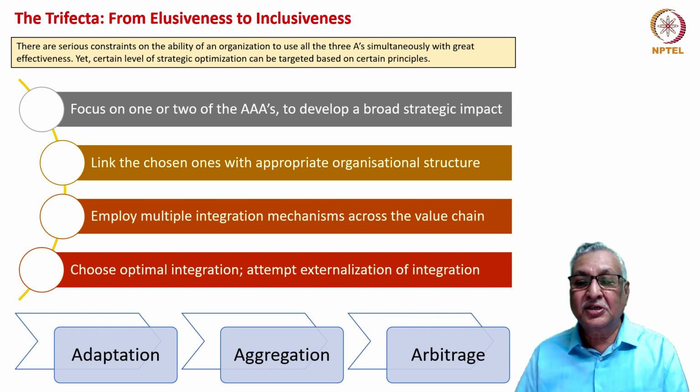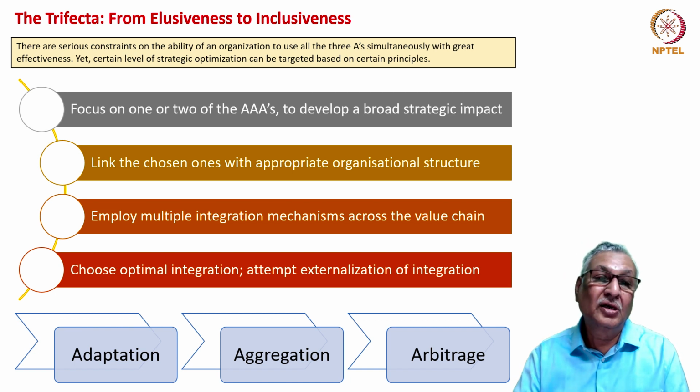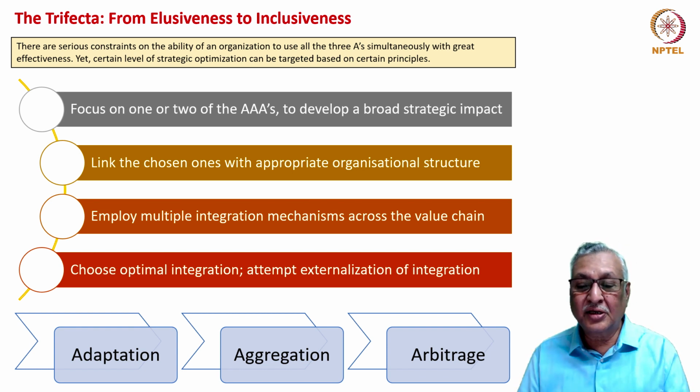Employ multiple integration mechanisms across the value chain. Choose optimal integration, and attempt externalization of integration so that the global network is also part of your inclusive development of the AAA factors. That way, adaptation, aggregation, and arbitrage could work together very effectively in any chosen combination depending on the nature of the supply source and nature of the receiving source.